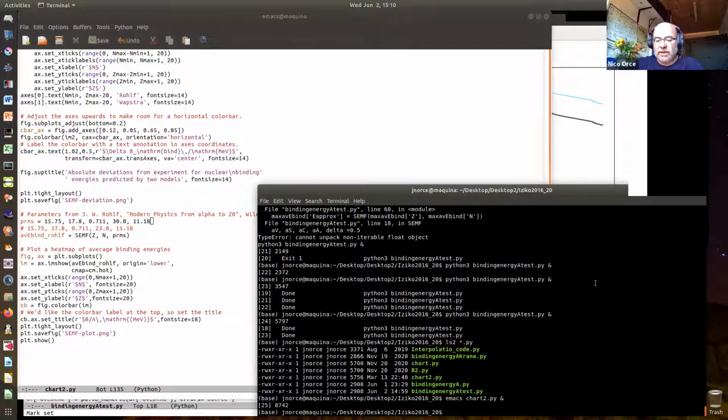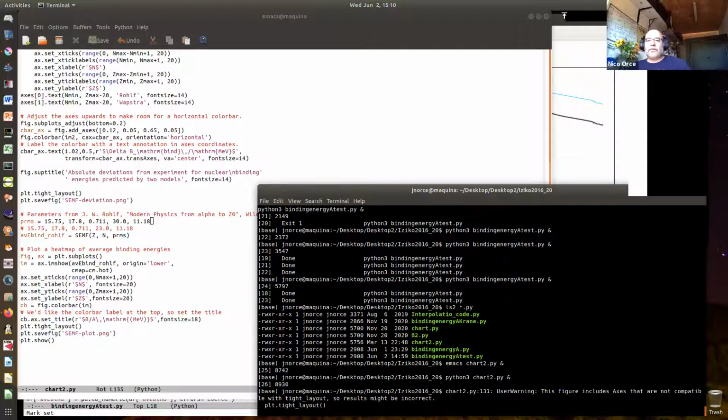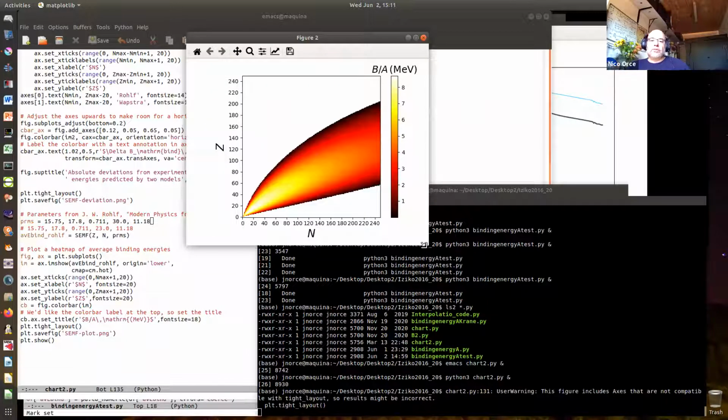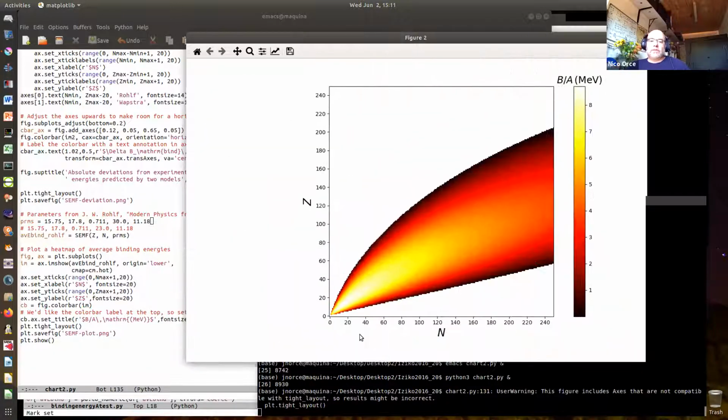So let's see what happens if I run this code. Python 3 chart 2. So basically, this is the nuclear chart. This is the more binding energy here. And you have all these elements that you can produce, right?